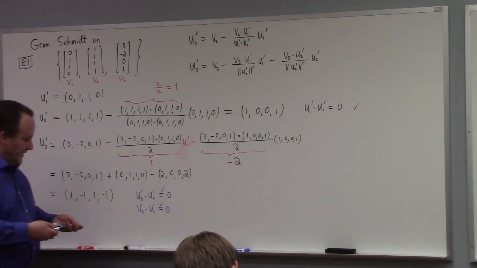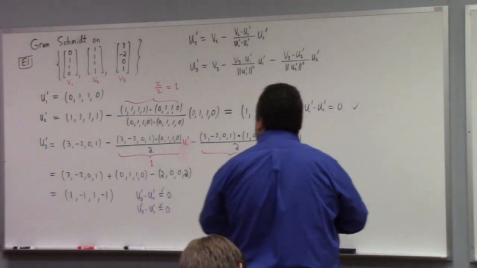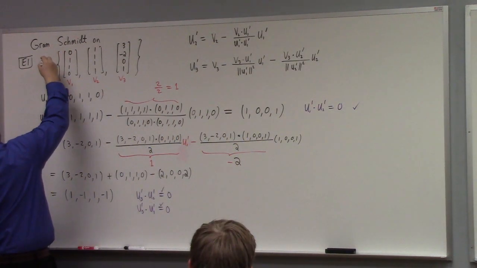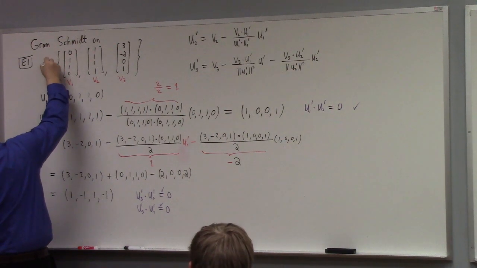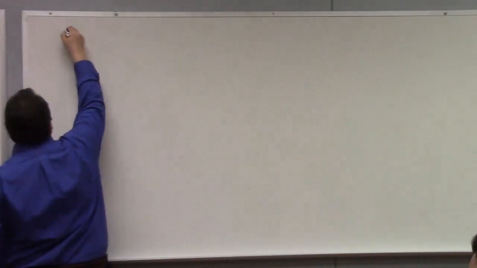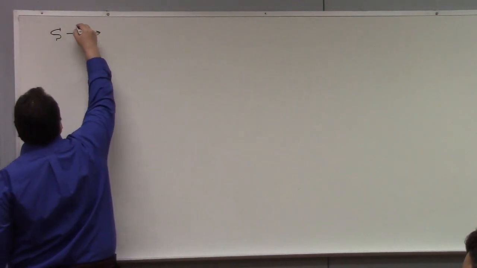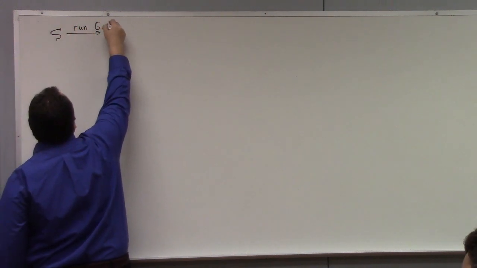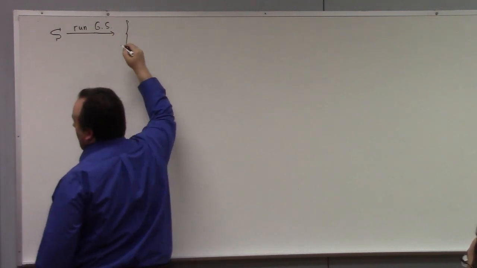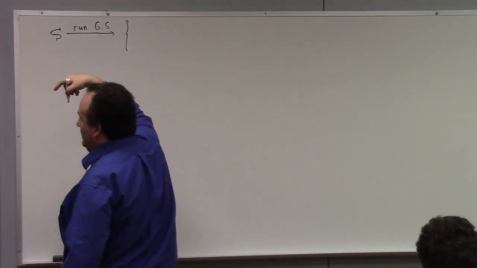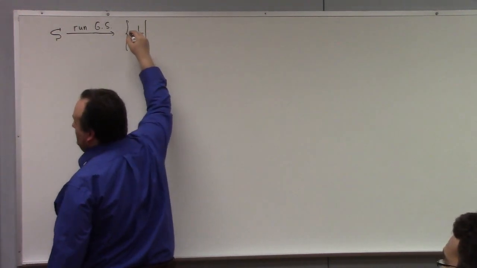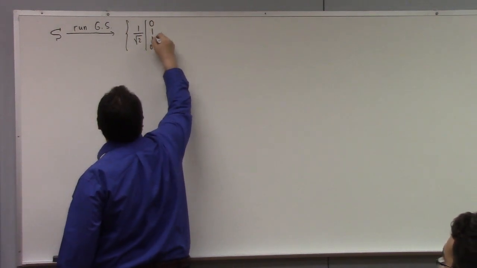All right, so there we go. Now we have, if I call this set, I don't know, S, then, to summarize, we can take S and run Gram-Schmidt, and out pops the following orthonormal set. Now I need to normalize, right? So I have 1 over the square root of 2 times 0, 1, 1, 0.